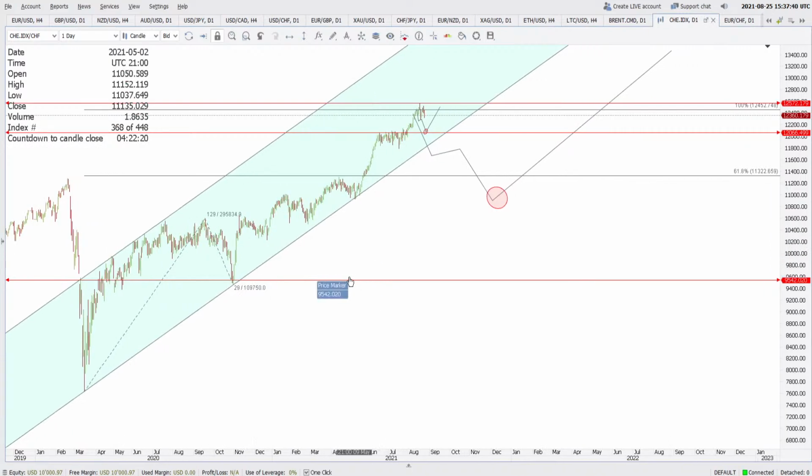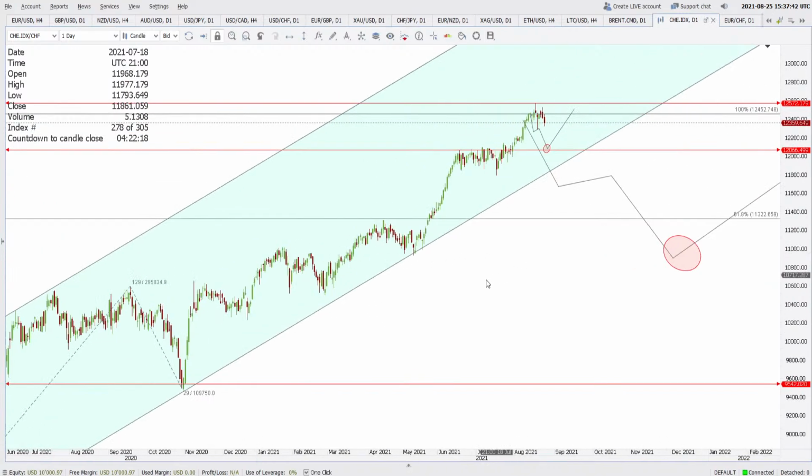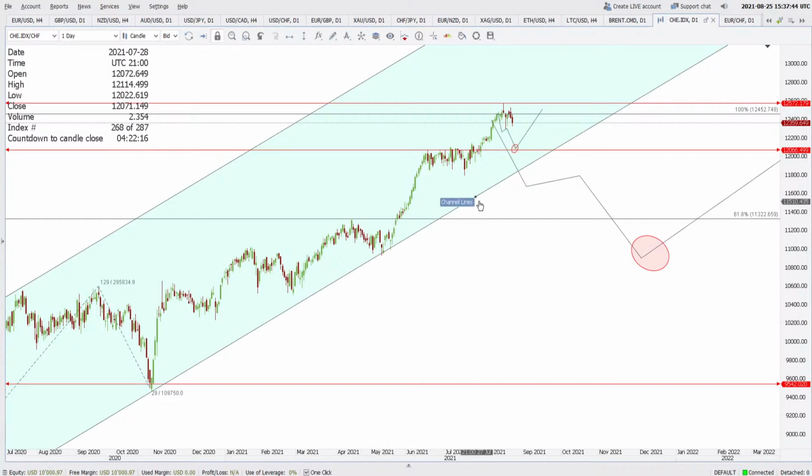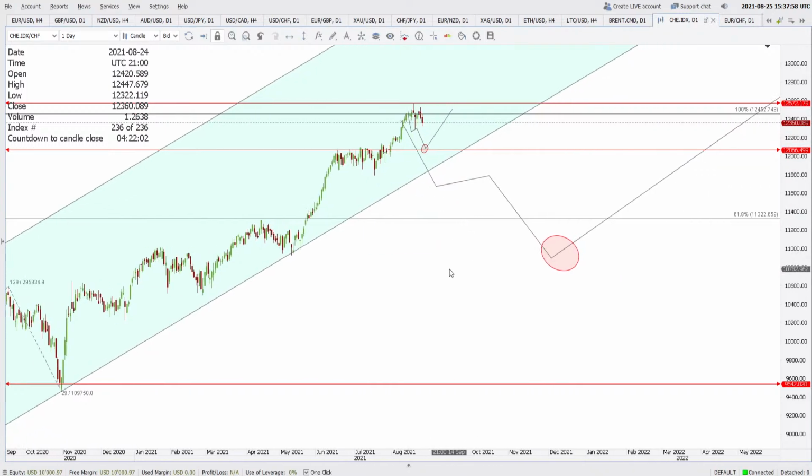If you see that this is a channel and the price comes back to this channel support line, I think that would be a good idea to open your buy positions in this market. But keeping a buy position in the middle of nowhere or near the resistance is not a good idea.